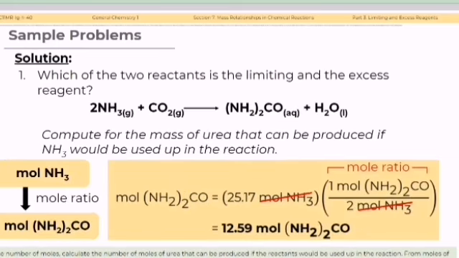From the number of moles, calculate the number of moles of urea that can be produced if the reactants would be used up in the reaction. From the moles of ammonia, the number of moles of urea can be calculated by multiplying 25.17 moles of ammonia by the mole ratio, which is 1 mole urea per 2 moles of ammonia, giving a value of 12.59 moles of urea.